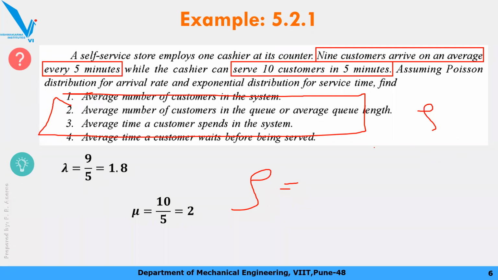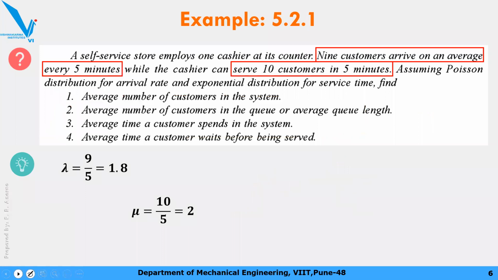So rho is equal to lambda by mu. So 1.8 divided by 2, 0.9. So the utilization factor is 0.9, and efficiency, if you are talking about utilization in percentage, so 90% utilization है सर्वर का या फिर कैश काउंटर का. So you calculate rho.